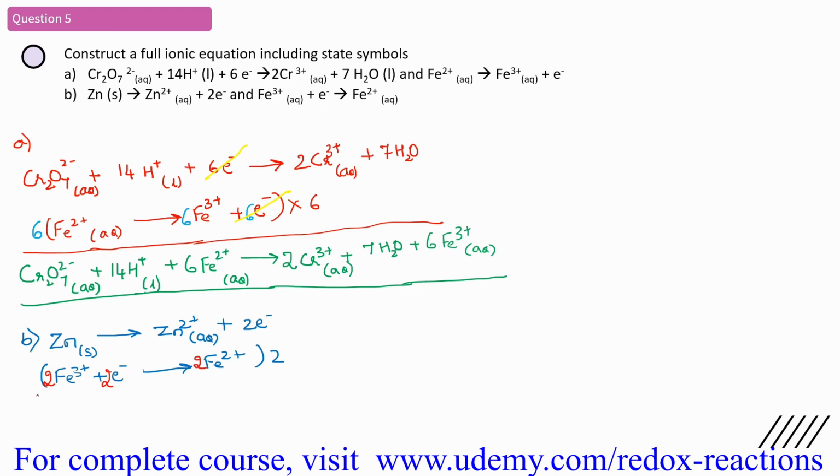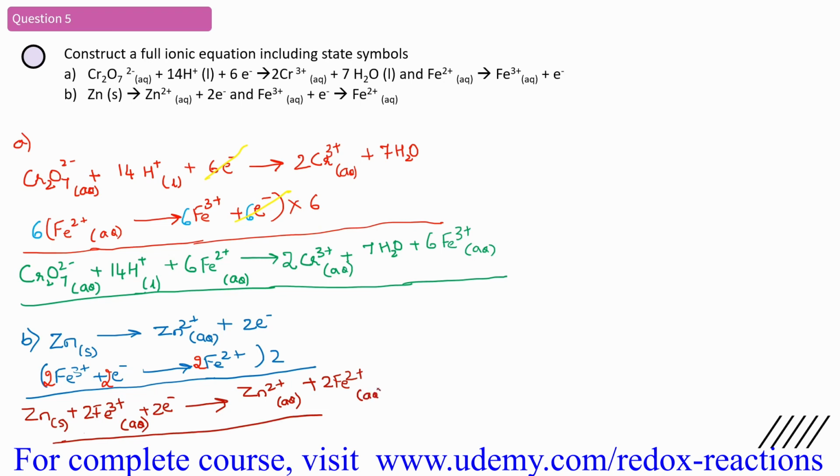So let's try to write the full ionic equation. We have zinc in its solid state plus 2Fe³⁺, which is also in the aqueous state as given in the problem, with 2 electrons, would give rise to Zn²⁺ in aqueous condition and 2Fe²⁺, this again in the aqueous condition.